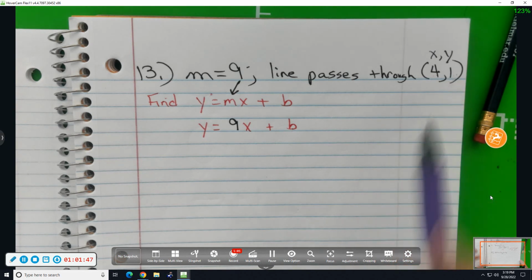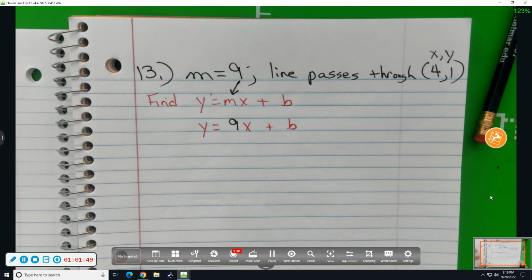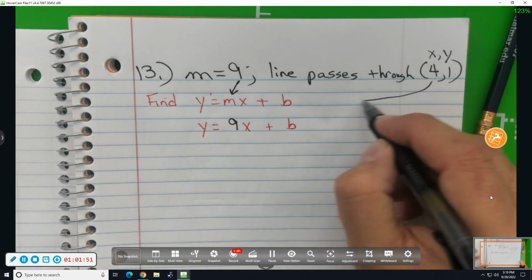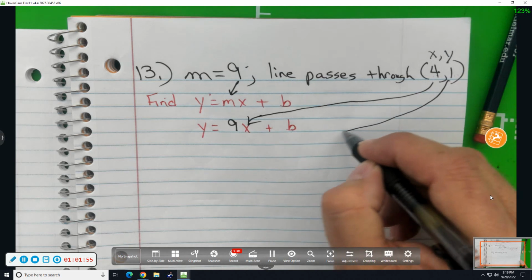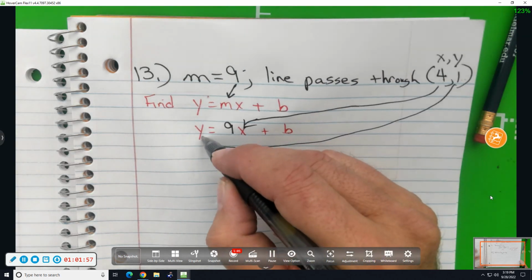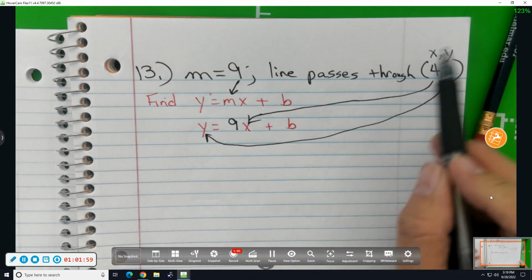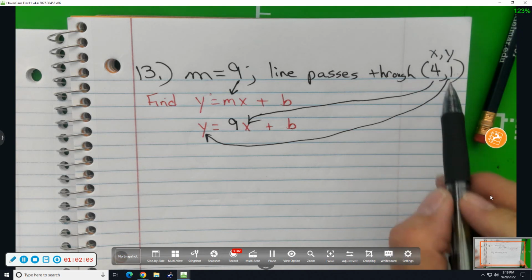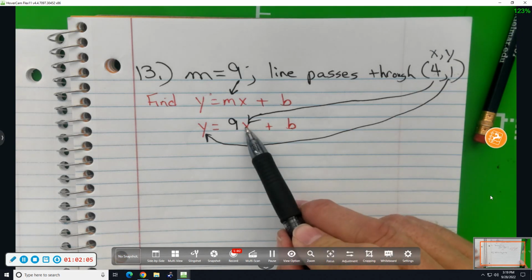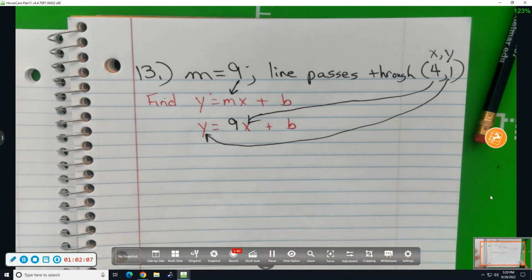I'm going to plug in the 4 and the 1. Plug a 4 in for the x, plug a 1 in for the y.